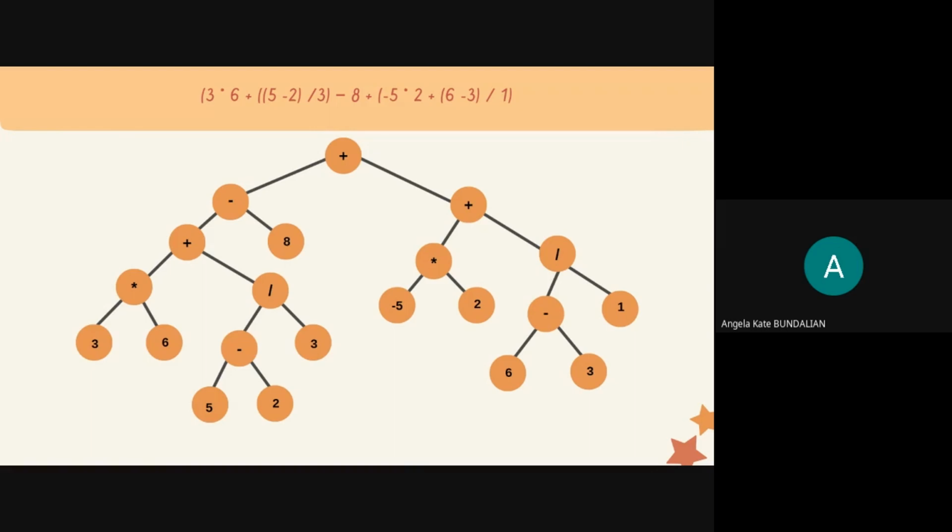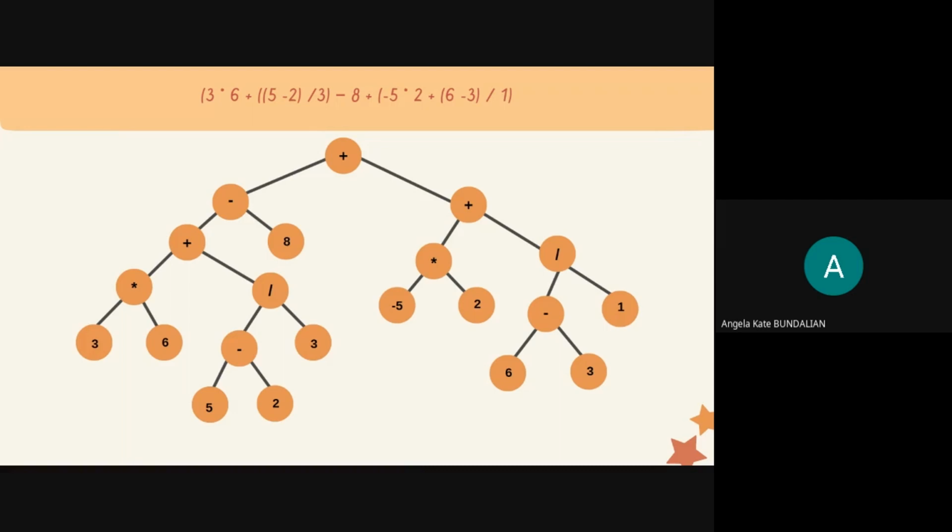This sub-expression will be divided into two, making an addition the root node of the subtree or the internal node that has been chosen. We will be dividing the sub-expression into two, making multiplication and division as the internal nodes.